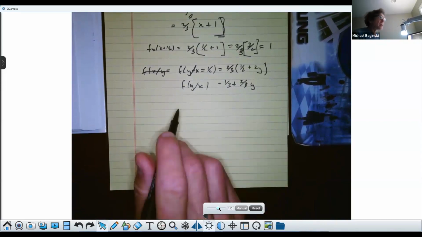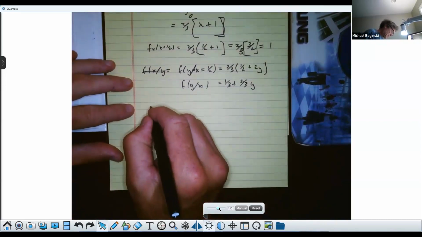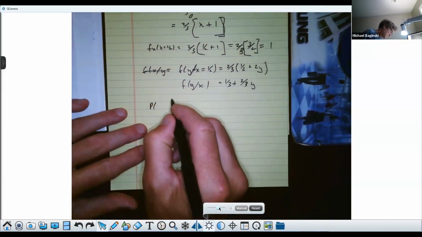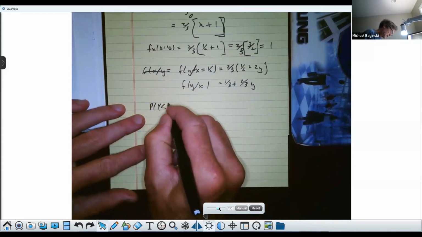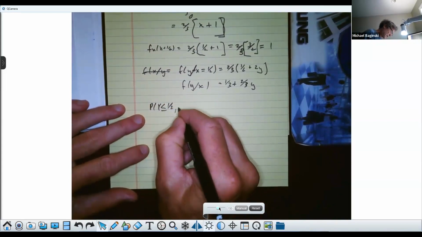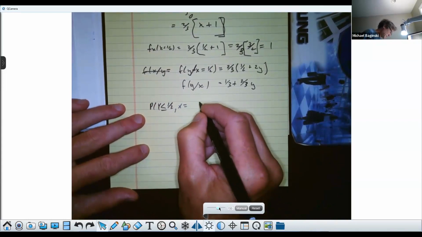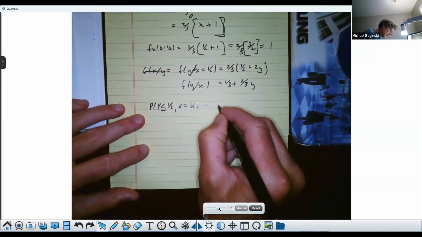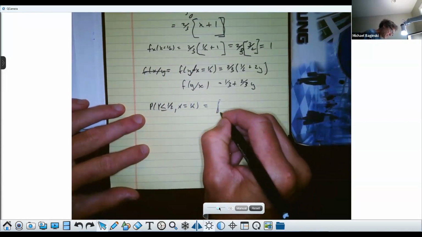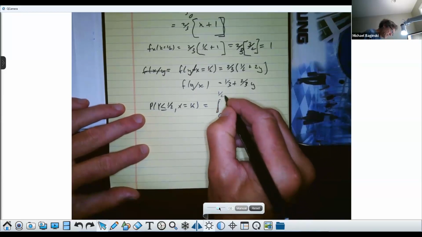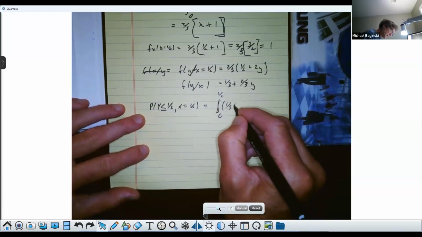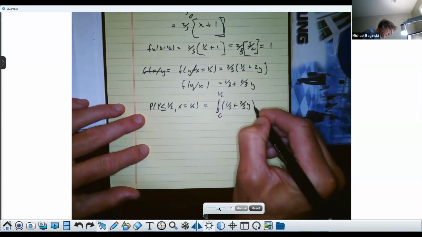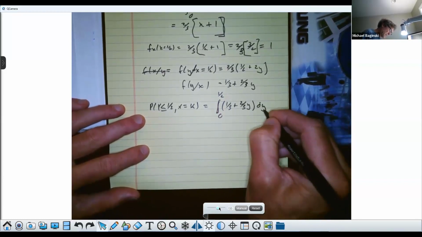Okay. And then finally, the probability that y is less than or equal to 1/2 given x equals 1/2 will be equal to the integral from 0 to 1/2 of 1/3 plus 2/3 y dy.